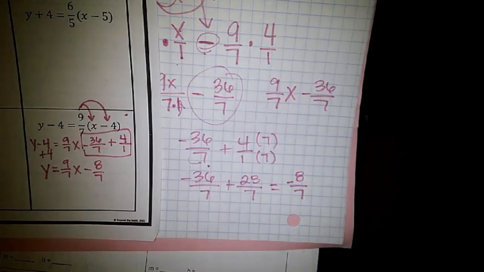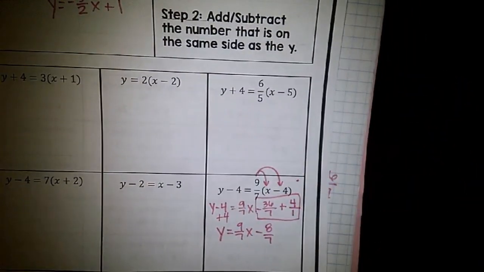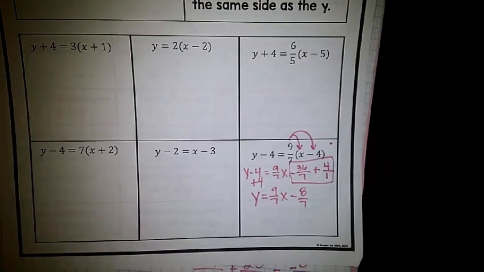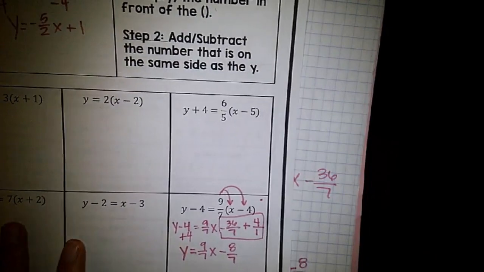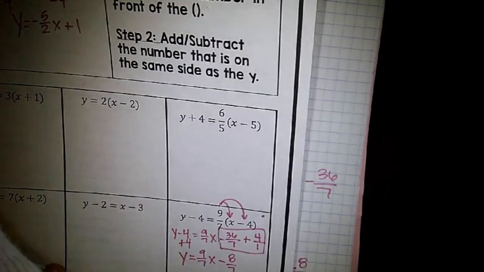Okay, we're going to do one more. Which one do you want to do? 1, 2, 3, 4, 5. 3. Go ahead. Do number 3, and then we'll go over it. 3, what do we do? What's my first step? Distribute.